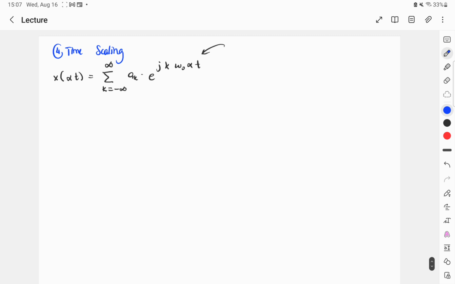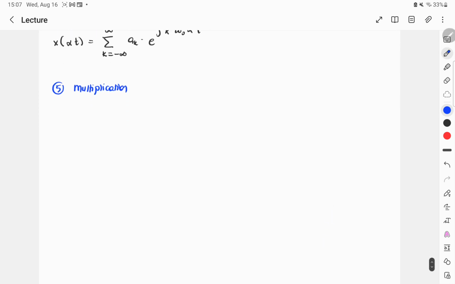Now let us move on to the next property, which is multiplication. Let me write it: multiplication. Now in multiplication, let me write directly the formula, as the derivation part is really long. Now we have x(t).